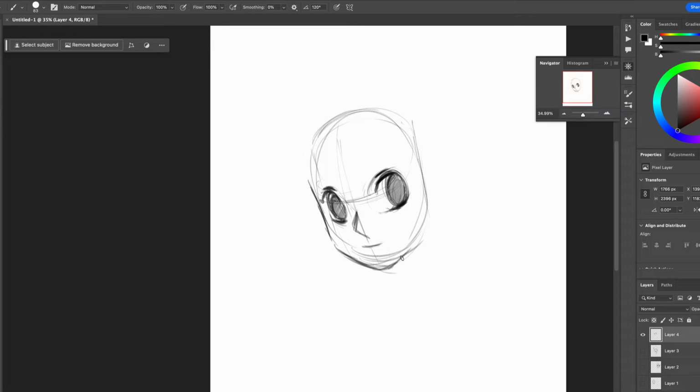But in manga, typically it's all over the place, right? Again, it's like an 80s glam rock kind of wig.